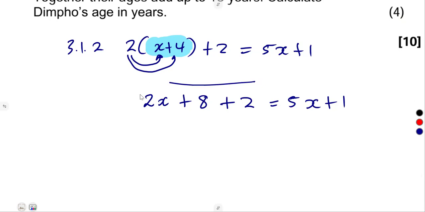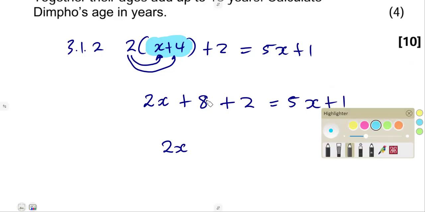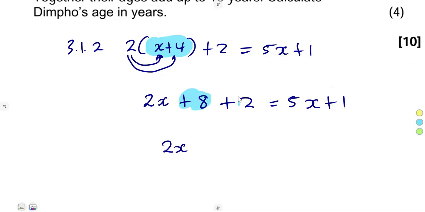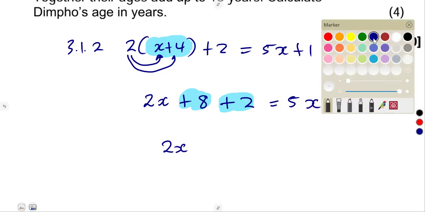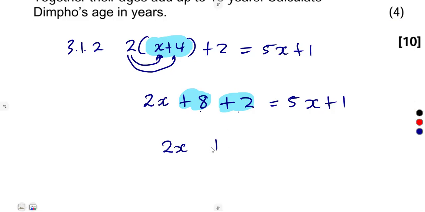Collecting the like terms on the left-hand side, that's 2x, 8 plus 2, which is 10. These are like terms. There's 8 here, there is a 2 here. So you combine those, that's 8 plus 2, which is what? Which is 10. And that's equivalent to the right-hand side, 5x plus 1.